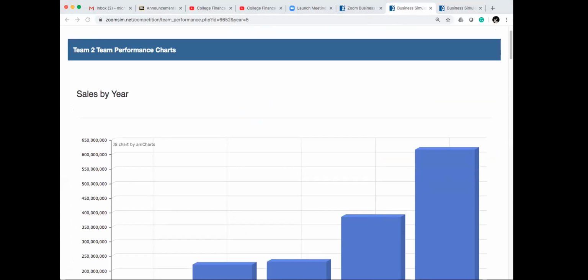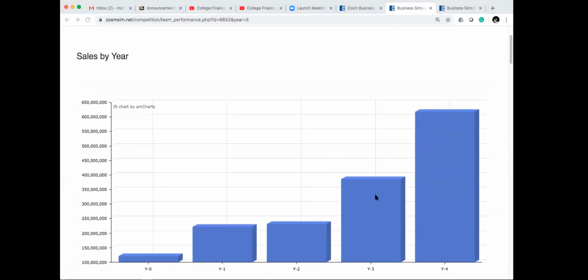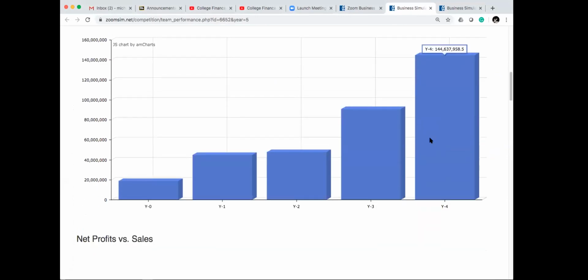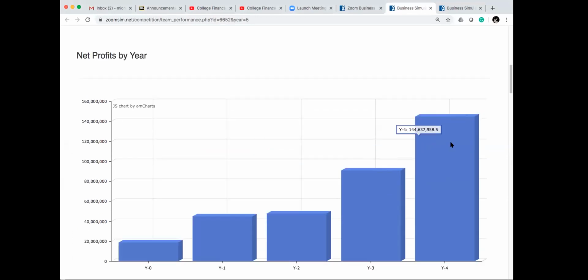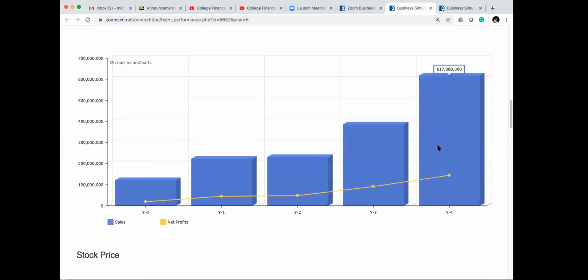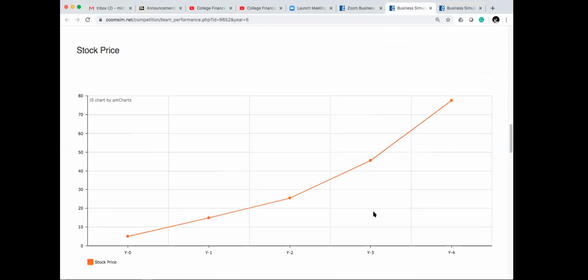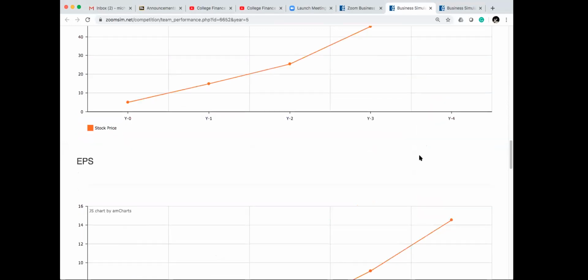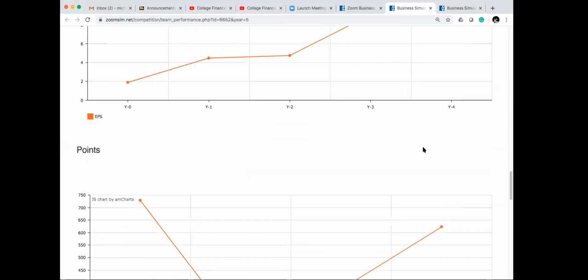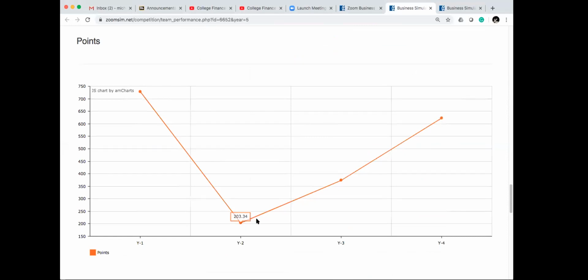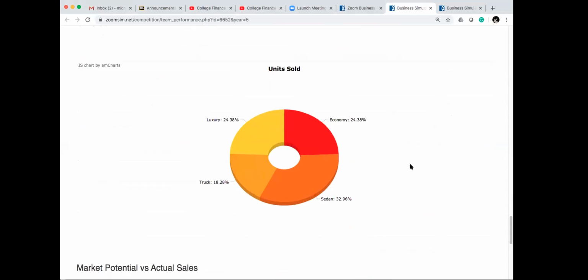What we have here is I was able to greatly increase my sales from 300 to 600 million, and my profits from 91 to 144 million. So my stock price has gone up, earnings per share have gone up, and points have gone from a low of 200 up to the high of 600.